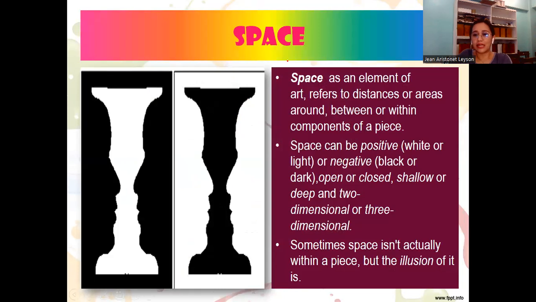Space as an element of art refers to the distance or areas around, between, or within components of a piece. Space can be positive, white or light, or negative, black or dark, open or closed, shallow or deep, two-dimensional or three-dimensional. Sometimes space isn't actually within a piece, but the illusion of it.